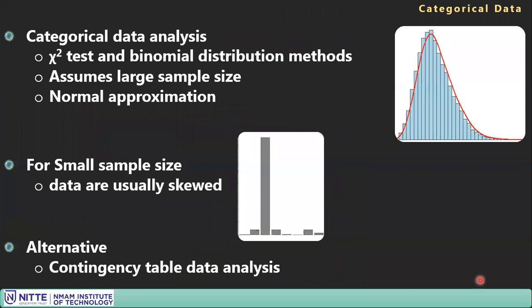Now these categorical data, which are either nominal or ordinal, follow the chi-square test. For the evaluation of that, we use binomial distribution methods or chi-square test methods. Usually they assume a large sample size, so we make a normal approximation and perform the analysis.